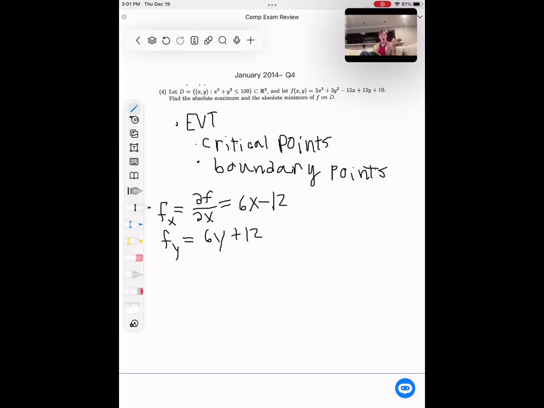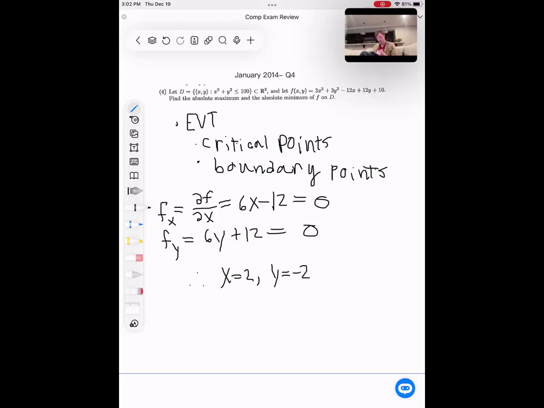And the way that we're going to find the critical points is by setting both of these things equal to 0 and solving for values of x, y that satisfy both equations. So let's set both equal to 0. And it's very clear from this system of equations that x is going to be equal to 2 and y is going to be equal to -2.